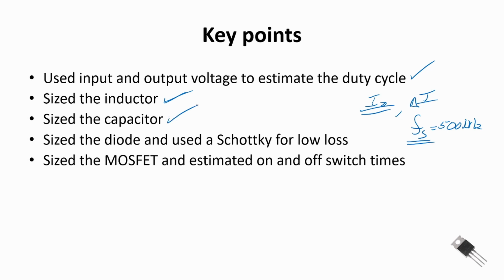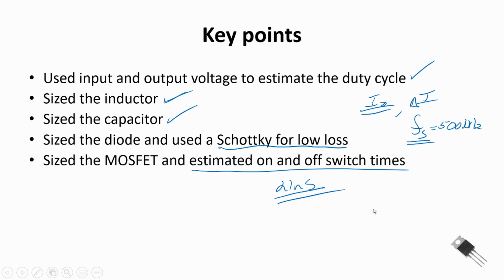We sized the capacitor. Again, we had to make some assumptions. And we then sized the diode, and we used a Schottky for low loss. And finally, we sized the MOSFET, and we estimated the turn on and turn off times from the data sheet at 21 nanoseconds. Probably are going to be less for our application, but it's a good place to get us going for the next part of the design.